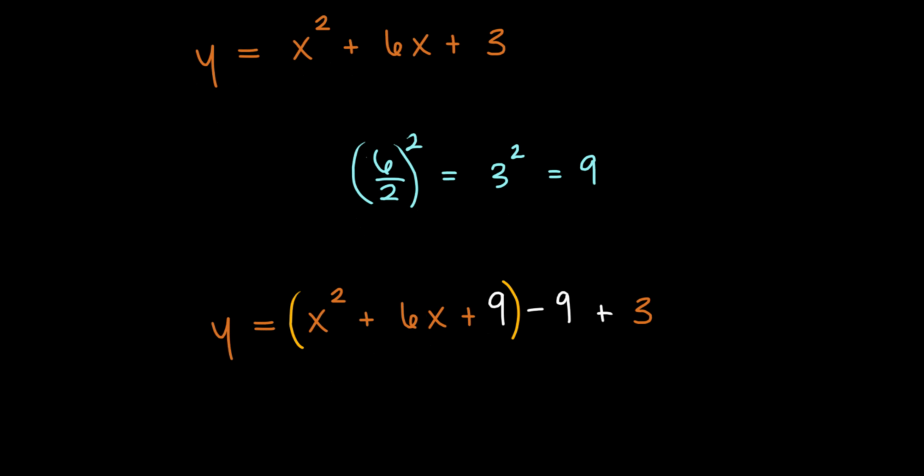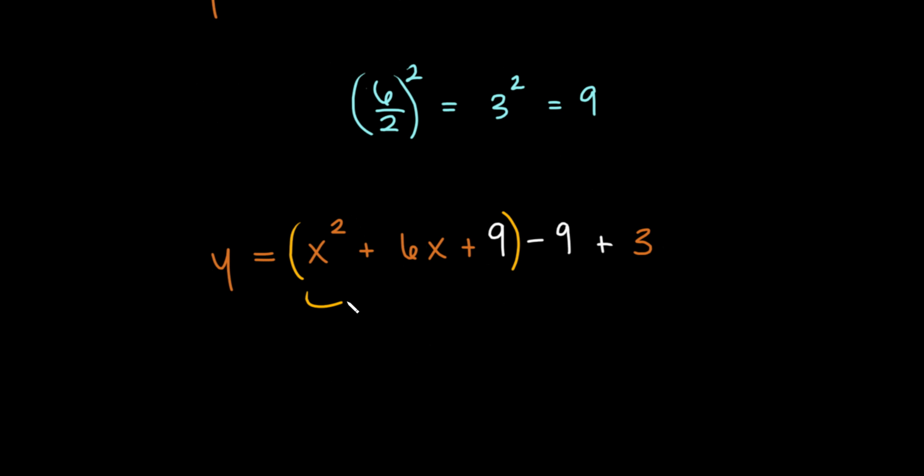Okay, next, what you're going to do is actually condense this quadratic part down into something that looks like this. It's going to be an x in parentheses, a plus or minus, some number here, all being squared. Okay, we need to figure out what that number is.